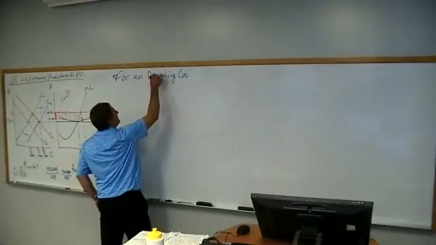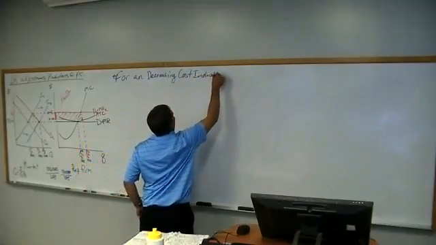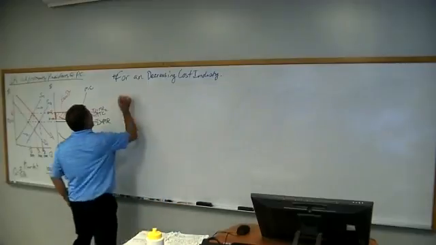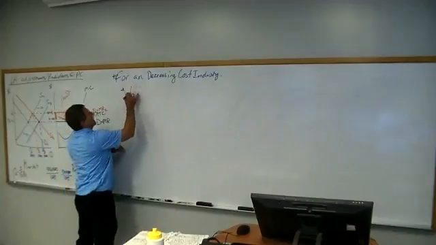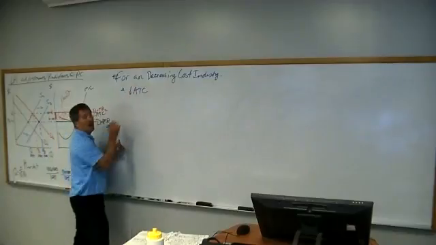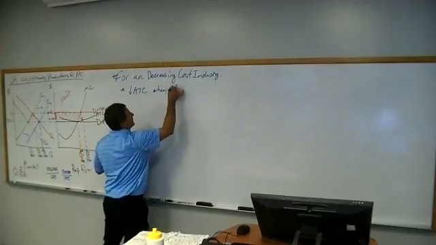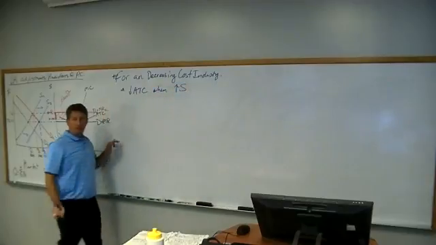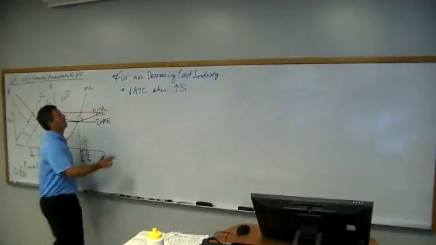For a decreasing cost industry, the key is that there's a decrease in average total cost when supply increases. That's really the bottom line.